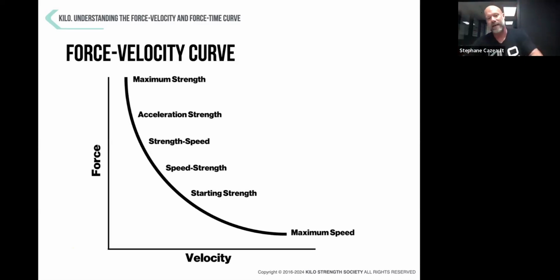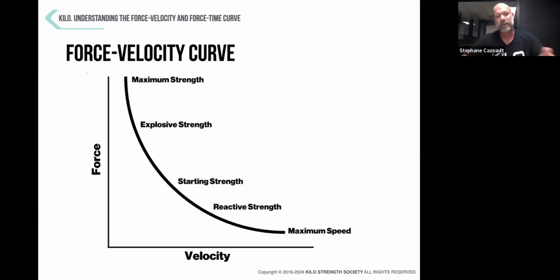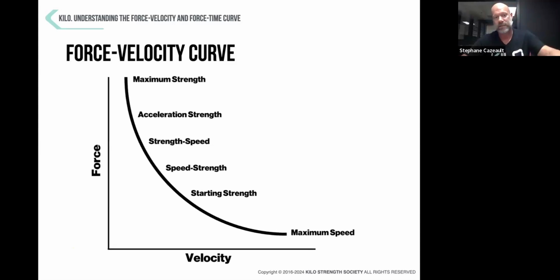It's important to understand the subdivision of it, but as a strength and conditioning coach, from a practical standpoint, you don't need to worry too much about these terms per se. The way I like to look at it is you have heavy explosive strength, medium explosive strength, and light explosive strength, which technically associate to acceleration strength, strength speed, and speed strength. Starting strength is starting strength, and then reactive strength would be a little closer to maximum speed, which would be your plyometric type of stuff.